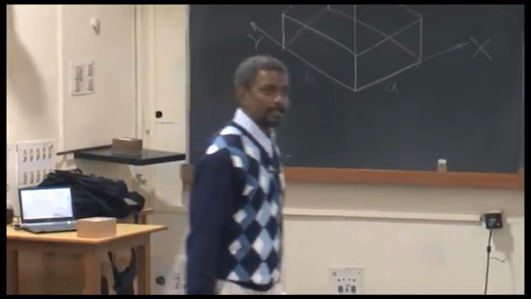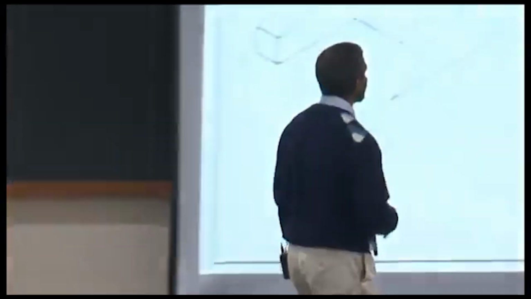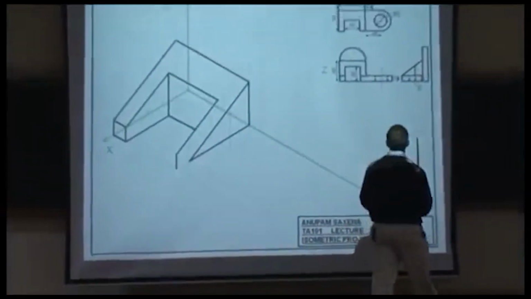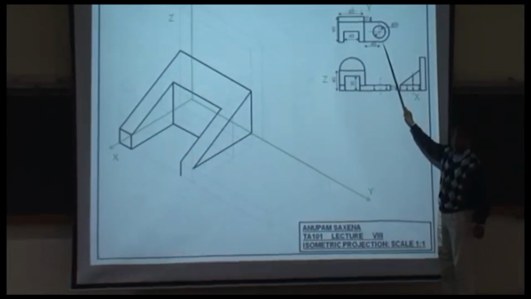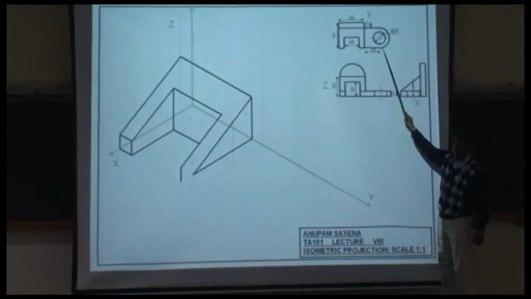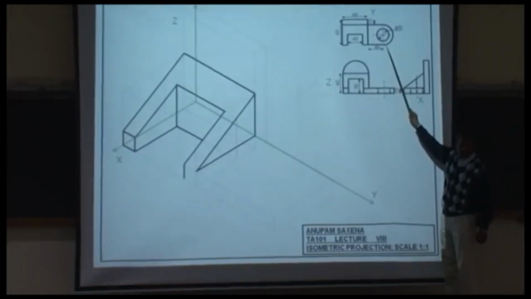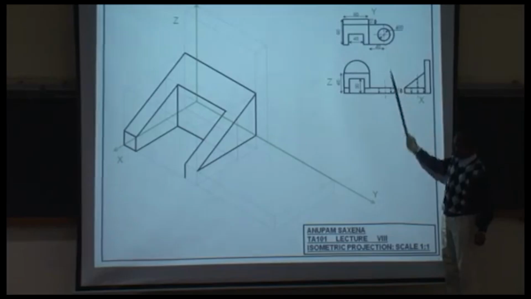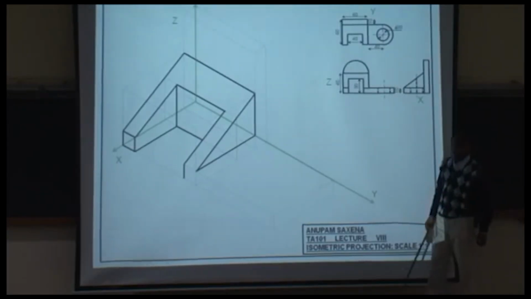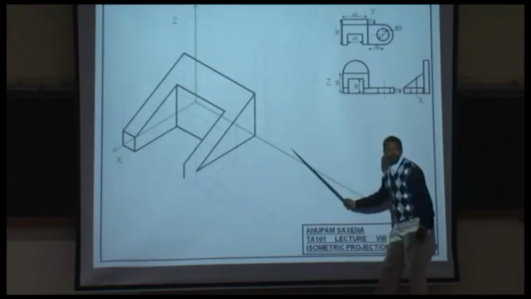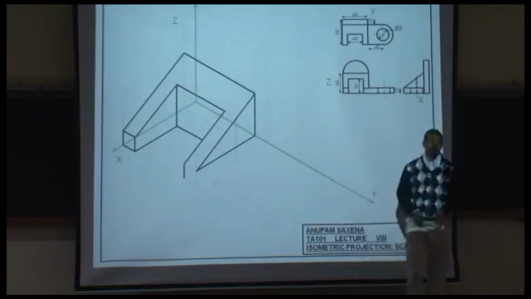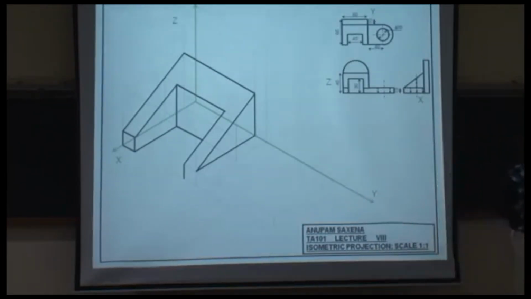Now, here comes the interesting part. This circular arc will be appearing as an elliptical arc on which plane? On this plane here. On the xy plane, or on a plane parallel to the xy plane.